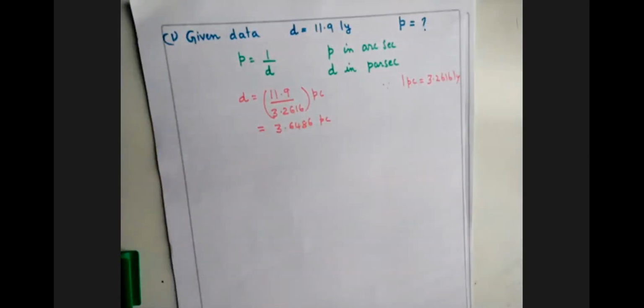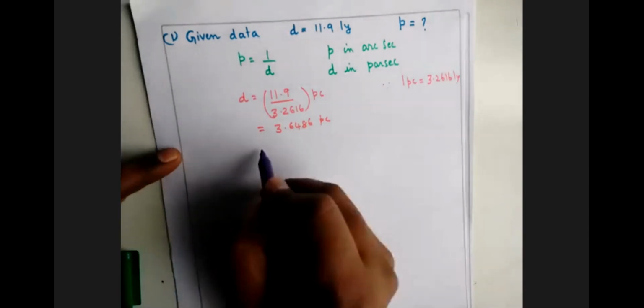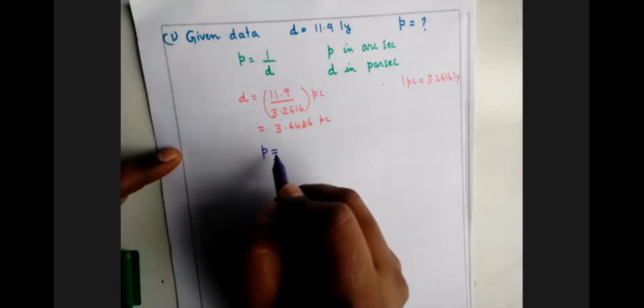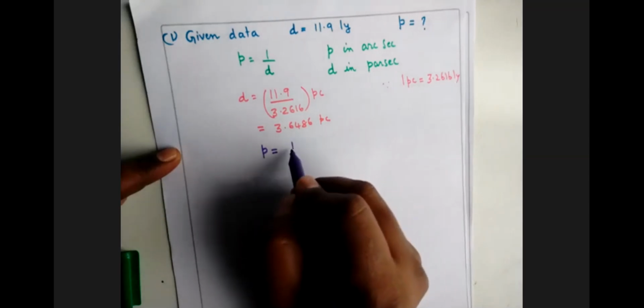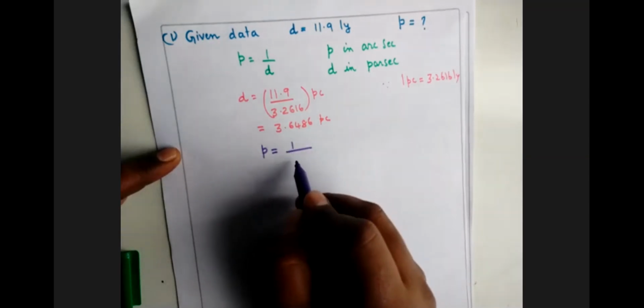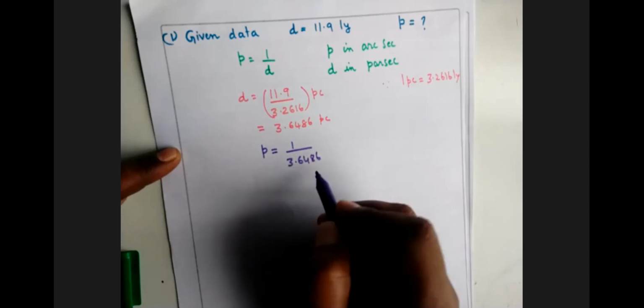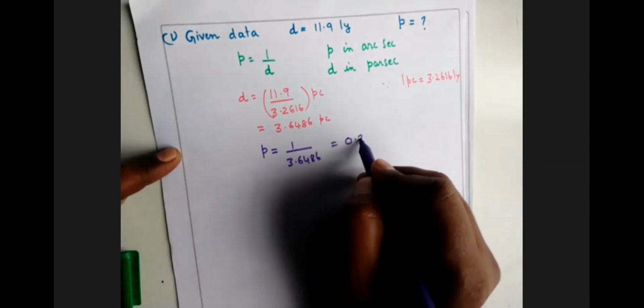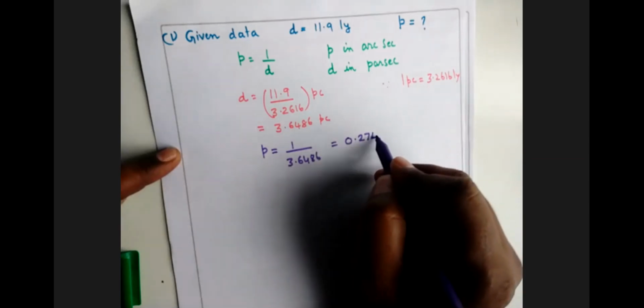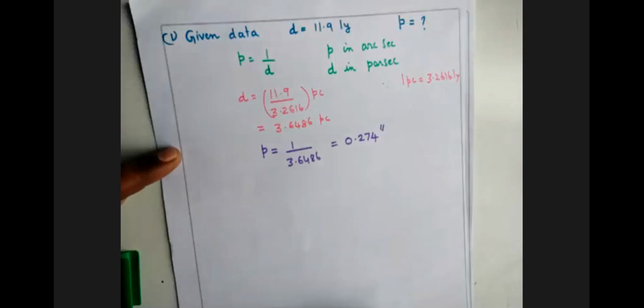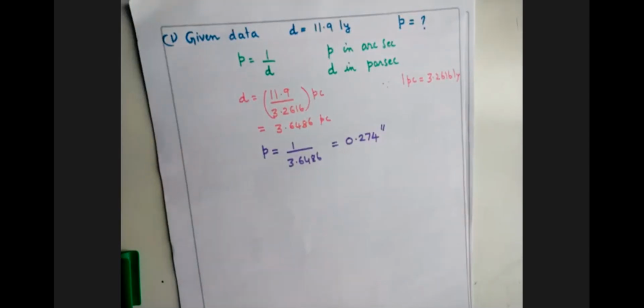Now the parallax angle P in arc seconds is equal to 1 divided by the distance D, 3.6486 parsec. So this gives us the parallax angle equal to 0.274 arc seconds.